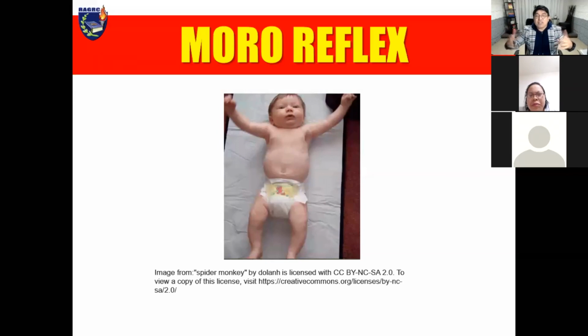So the Moro reflex serves as a protective reflex. It's a warding off reflex. They have continuous abduction and adduction of both the upper extremities. Now, what if there's only one upper extremity that's moving? Well, you could actually have the baby assessed for possible brachial nerve injury. That could be related to the type of birthing, or delivery of the mother.